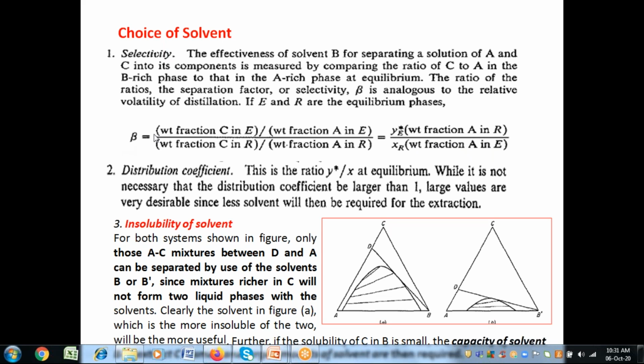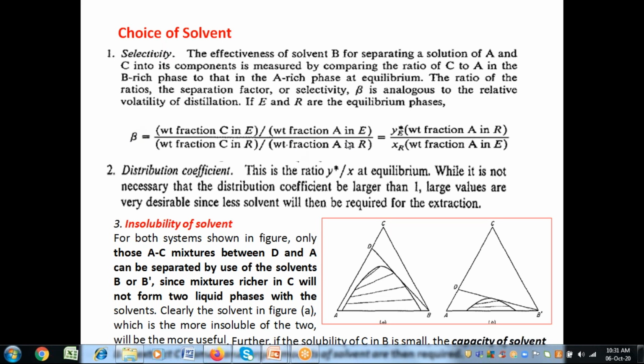Therefore, beta will become very high. Or sometimes, if no A is going into the extract, this will become 0, then beta goes to infinity. So that is more useful. A higher beta value will be very useful to us. If the beta is much greater than 1, then the separation will be very easy.